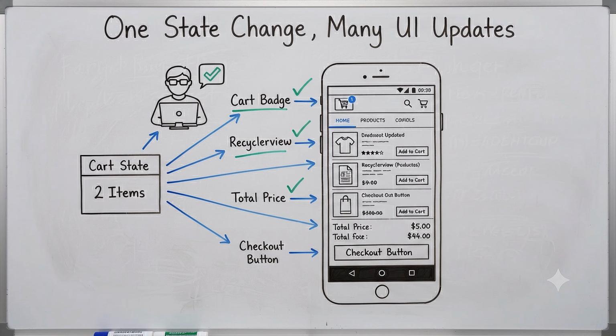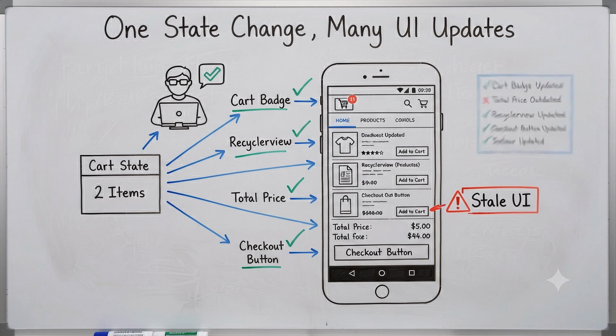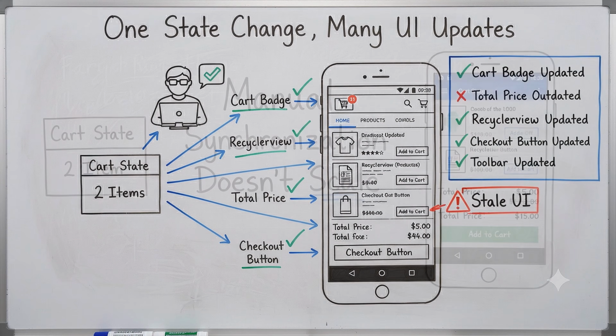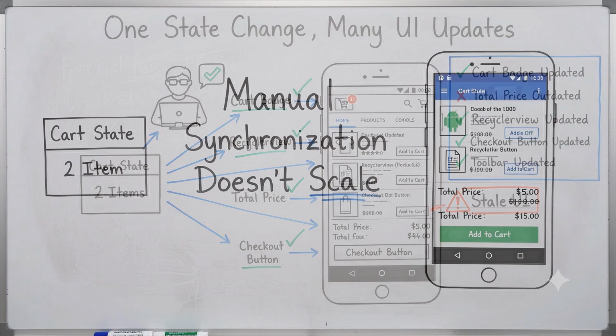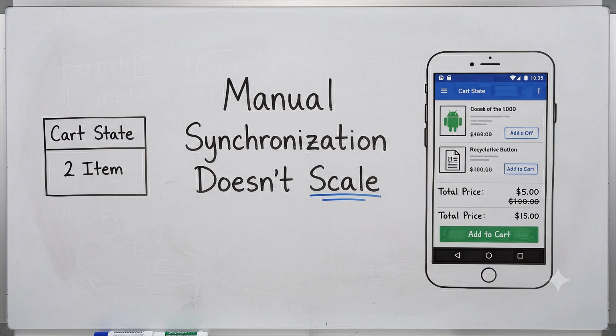The cart badge should display the updated item count, the total price should be recalculated, the recycler view should show the newly added product, the checkout button might need to be enabled. Perhaps the toolbar also displays the current cart count. So one single action can have multiple updates.